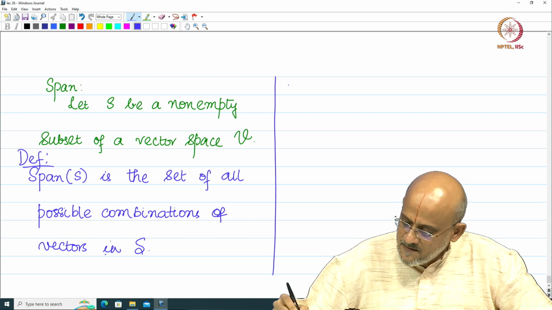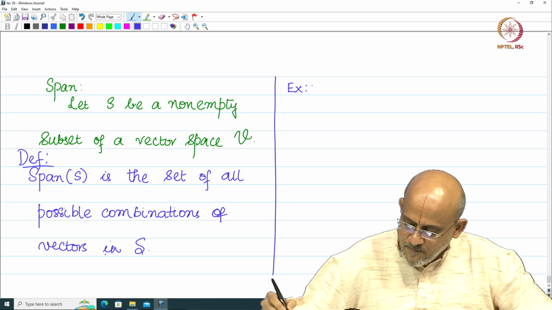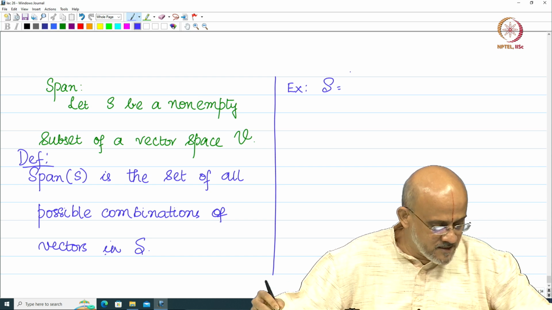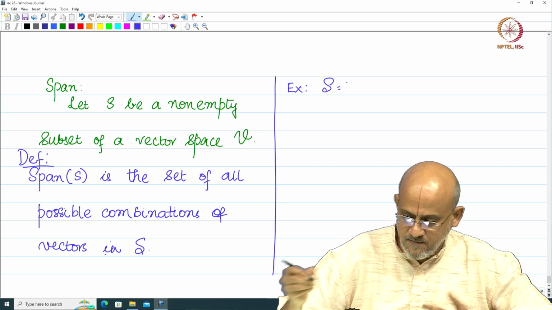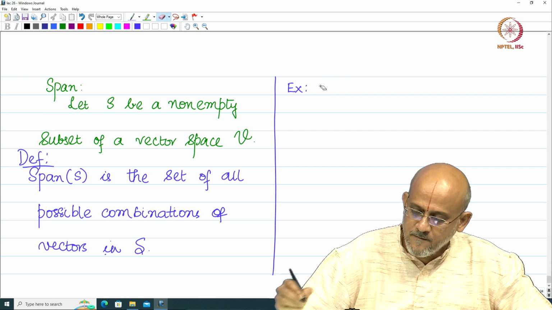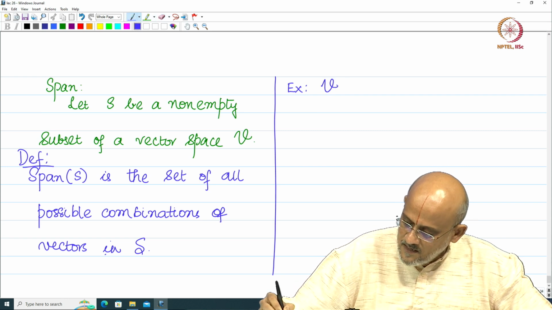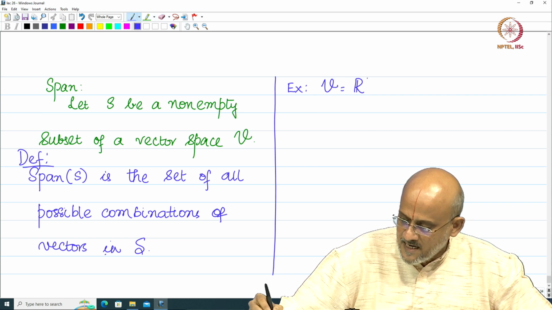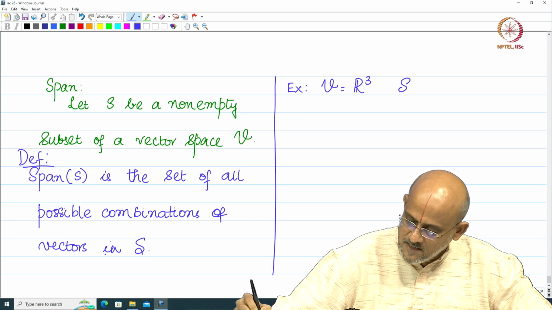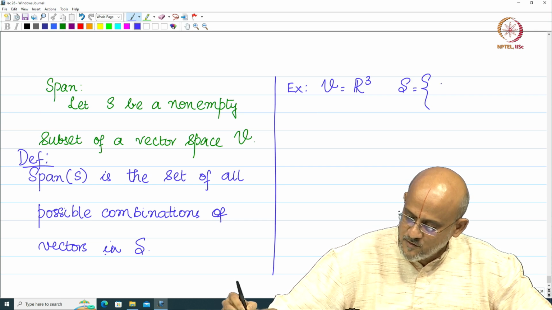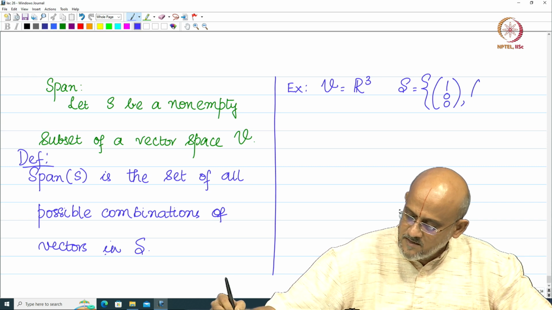Let us take some example. First of all, let us take the vector space V. I am going to take R3 as the vector space, and I am going to take S to be the set of these two vectors, which are 1 0 0 and 0 1 0.